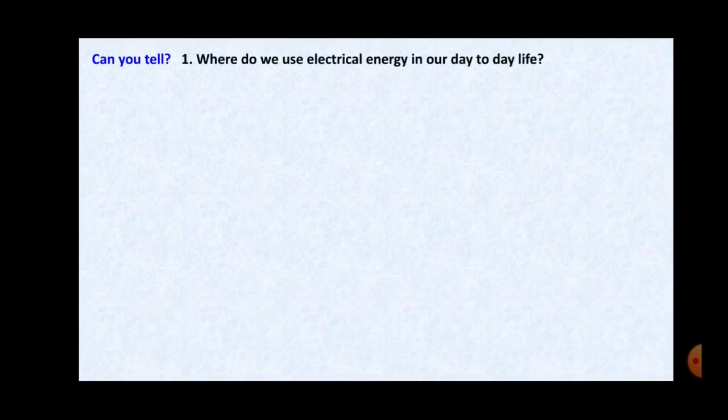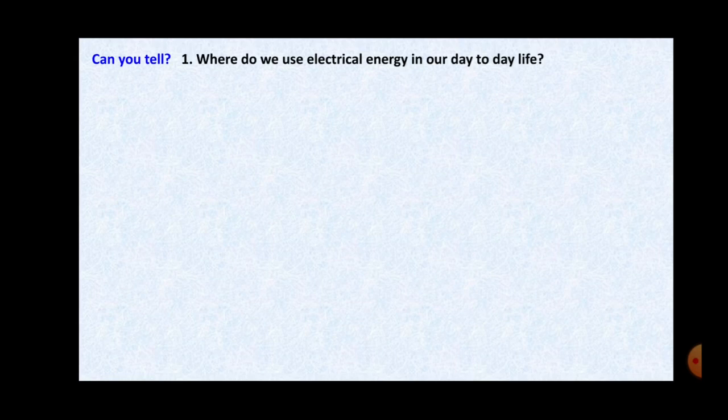Now again there are questions in the textbook. The very first one is, where do we use electrical energy in our day-to-day life? Again, if you look around your room, you can see electrical energy is used in various appliances such as bulbs, tube lights, fans, iron, refrigerator, cooler, AC, television sets, tape recorders, computers, laptops, and what is in your hand?